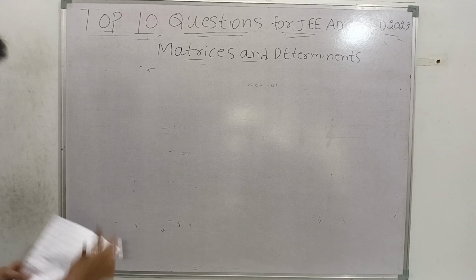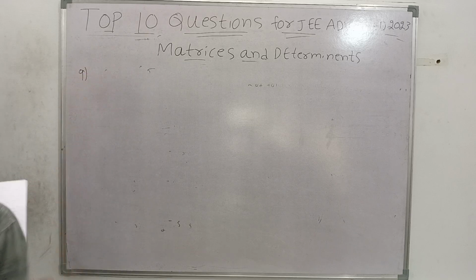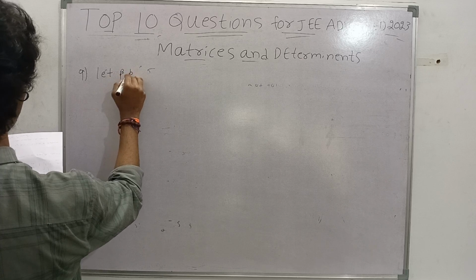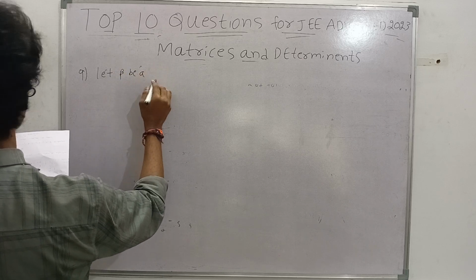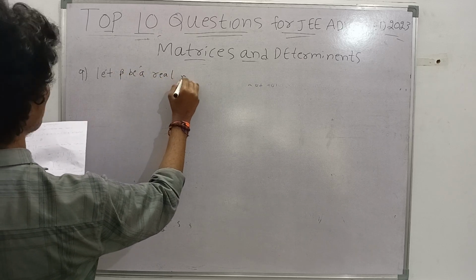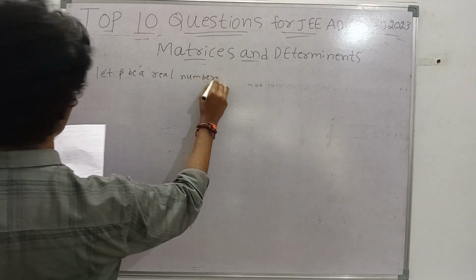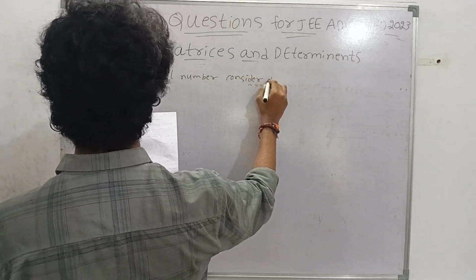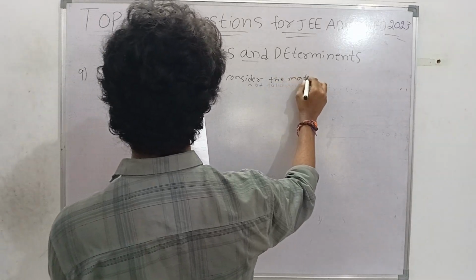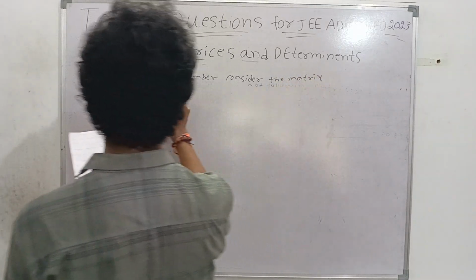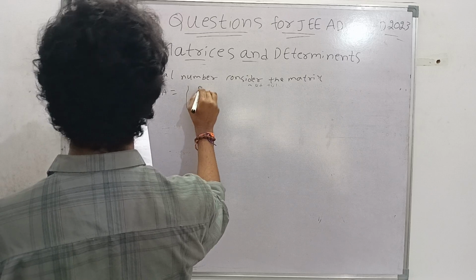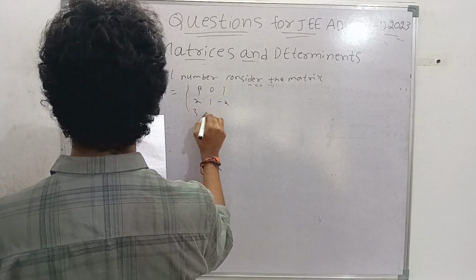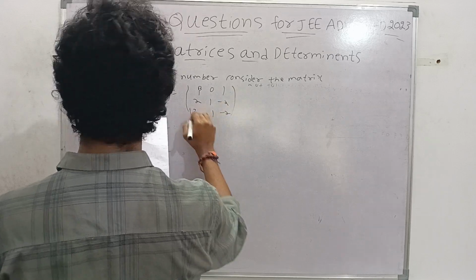Now the 9th question. 2 questions left, guys. Let beta be a real number. Consider the matrix A equal to beta 0 1, 2 1 minus 2, 3 1 minus 2.